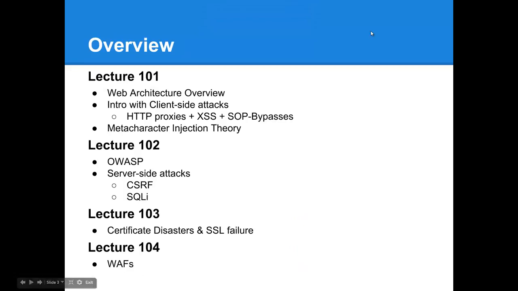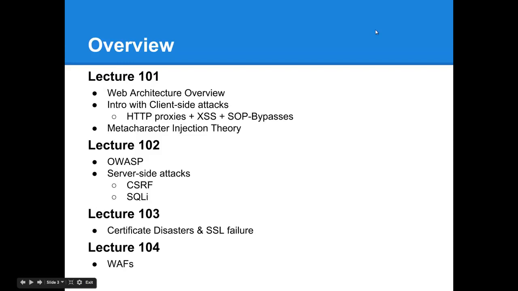The outline for the lectures in this series: in this lecture we're going to cover an overview of web application architecture, then dive into an introduction of client-side attacks, and finally touch on something that I'm a proponent of, meta-character injection theory, to classify the general category of web application exploitation techniques.